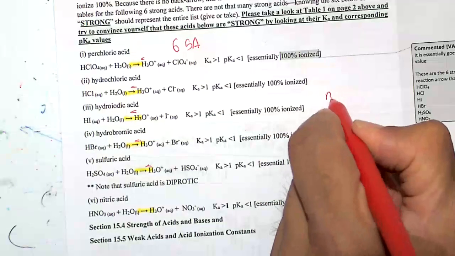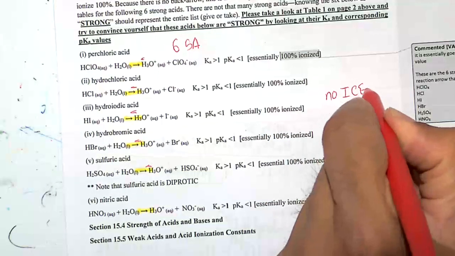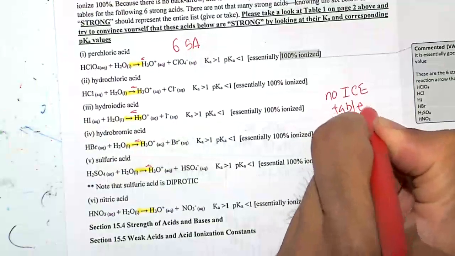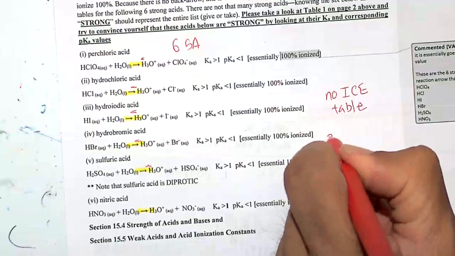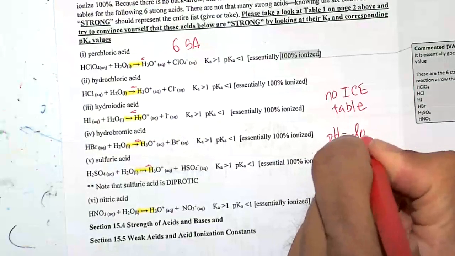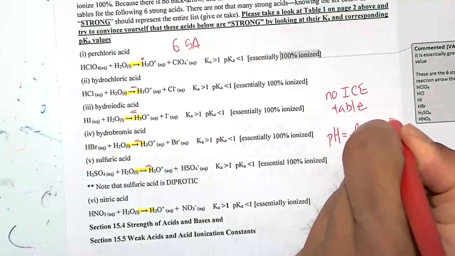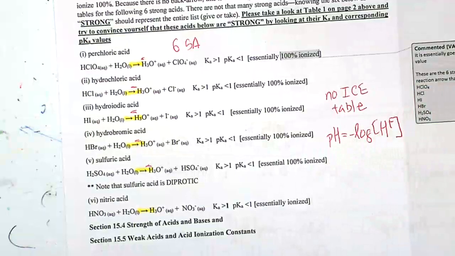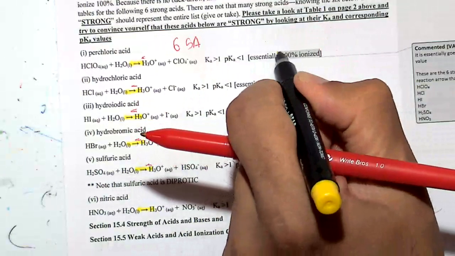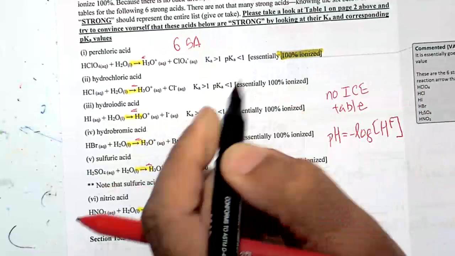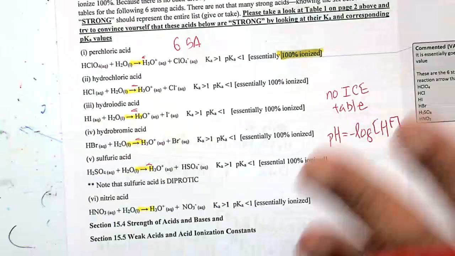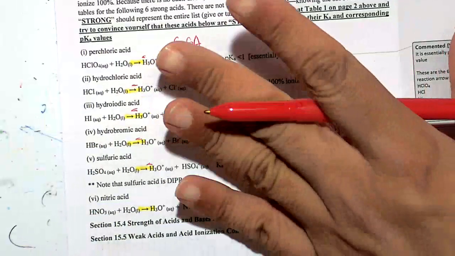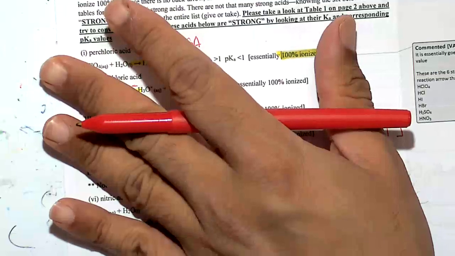Which means, number 1, no ice table. To get the pH, what do you need to do? You plug it into the negative log, because we assume it's 100%, or 99%, very close to 100% ionized. Any other acid that's not on this list, you can't do that. Any other acid not on this list is considered a weak acid.